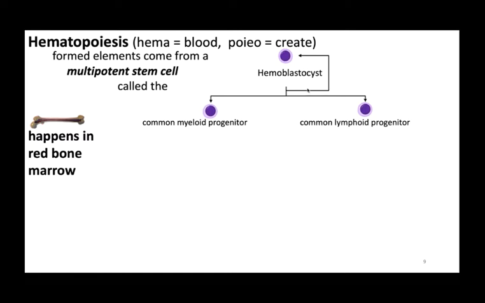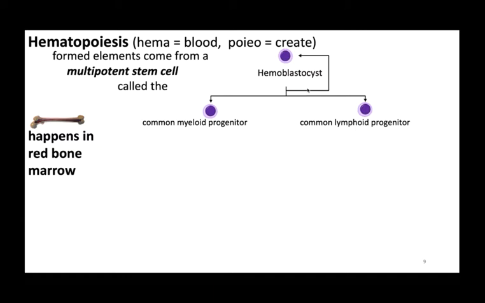And then the hemocytoblast, when it divides, it gives rise to another hemocytoblast and either another kind of stem cell. These are all stem cells thus far, called a myeloid progenitor. So a progenitor is sort of like an ancestor in a way.